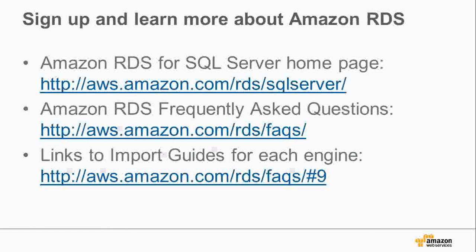I'll switch back to the RDS Management Console and go to this events page. As you can see, the failover has already completed, as indicated by the notification in the screen.